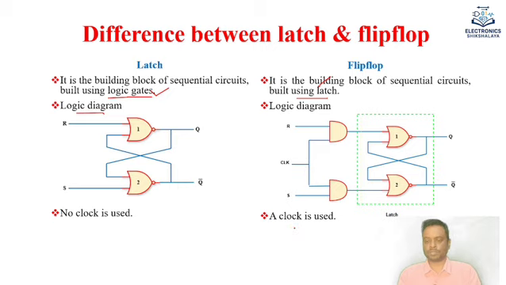As I have told in the previous class, the clock signal is a periodic square waveform, and the output changes state according to this clock signal. It has a 50% duty cycle, which means 50% of the time the signal is on and 50% of the time it is off.